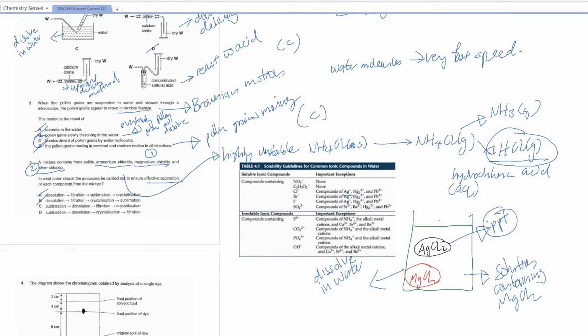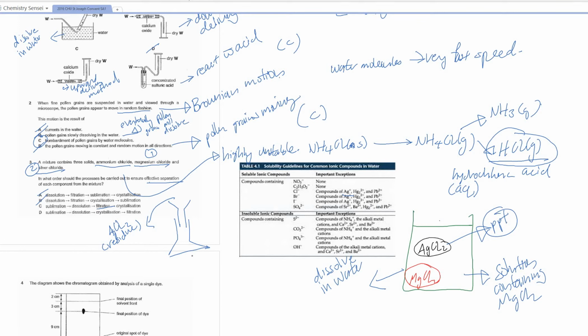MgCl2 and solid silver chloride. We can place this mixture in filtration, with a filter funnel over here and a conical flask. Because silver chloride is not soluble in water, it will be the residue and can be collected from the filter funnel.